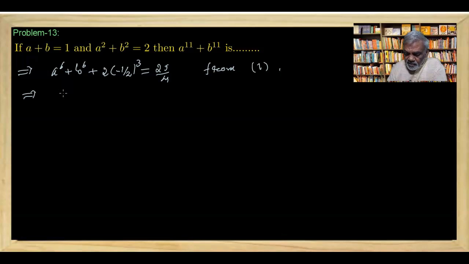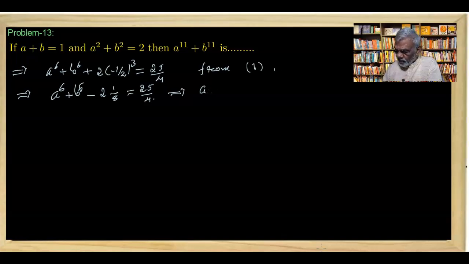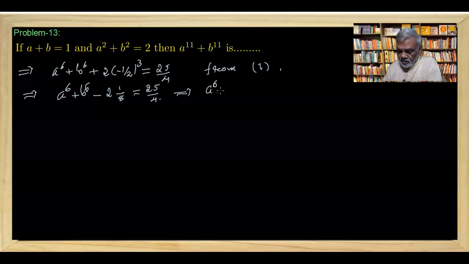And this implies a raised to 6 plus b raised to 6, minus 1 by 2 raised to 3 means minus 1 by 8, 2 into 1 by 8 is 1 by 4, is equal to 25 by 4.